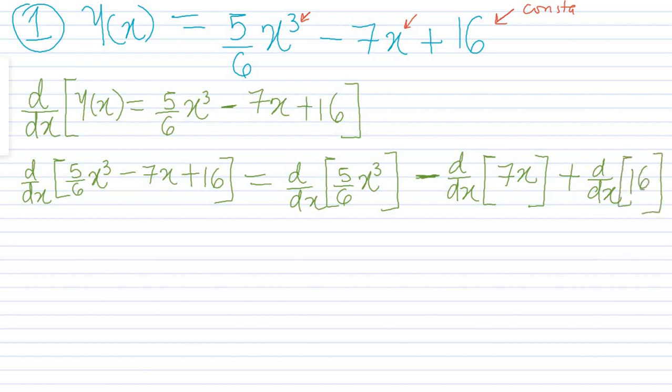The next thing you end up with is 5 over 6 d over dx of x cubed here, okay, minus, bring out 7.